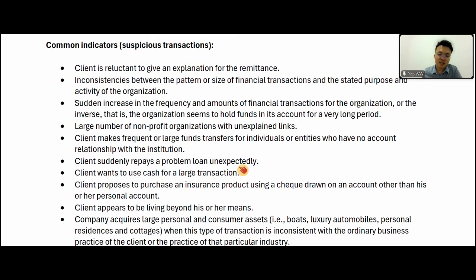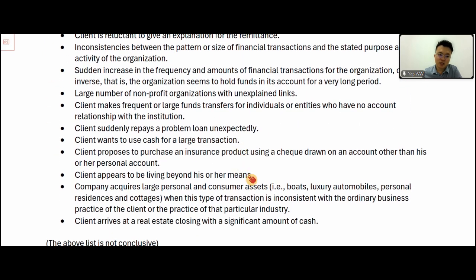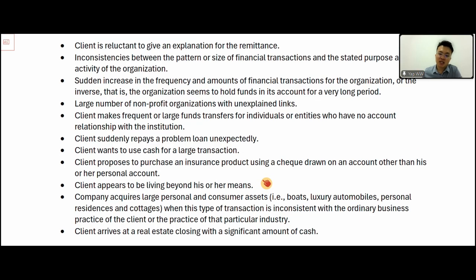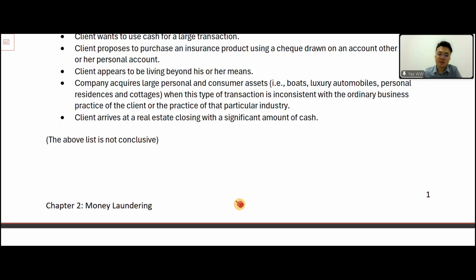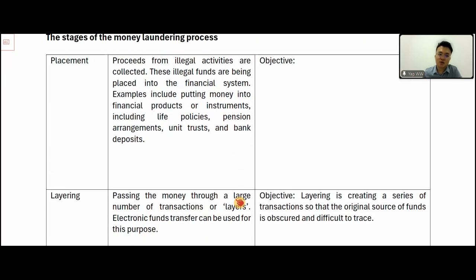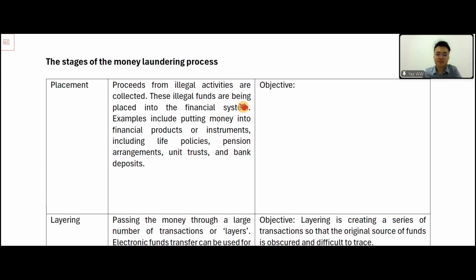Here are some indicators in the notes that you may go through, such as individuals who own assets that are too luxurious compared to his or her own salary. Those are indicators that someone might be involved in money laundering.